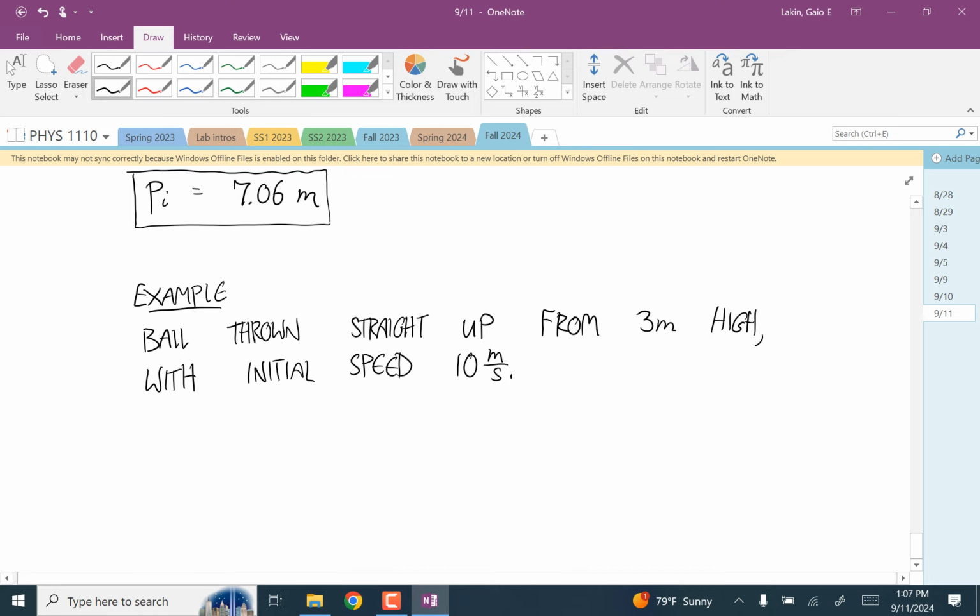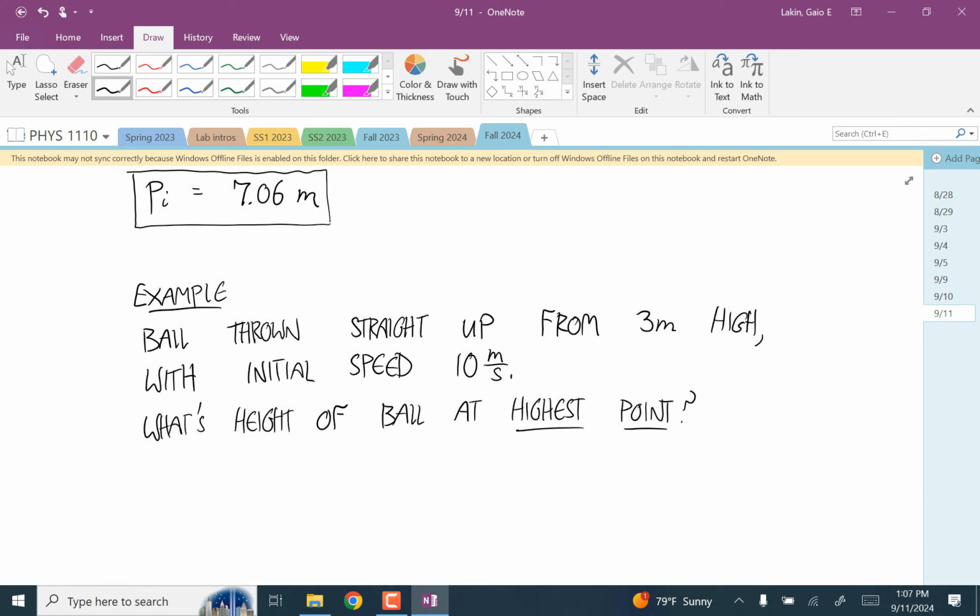What is the height of the ball at its highest point? Okay, so when you see anything about the highest point, you know that you're going to use the fact that when it reaches the highest point, the velocity is 0.